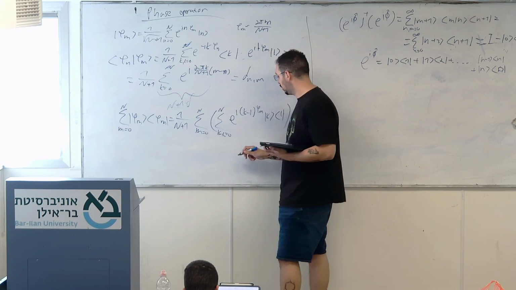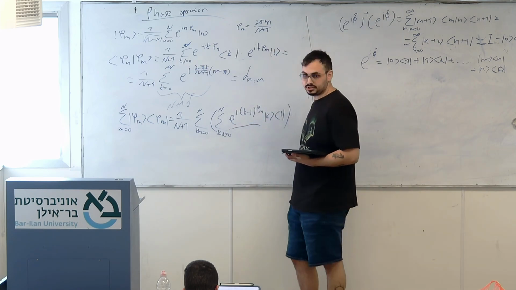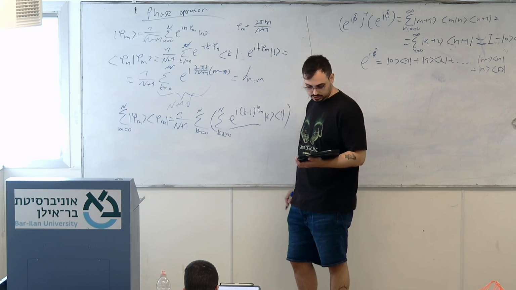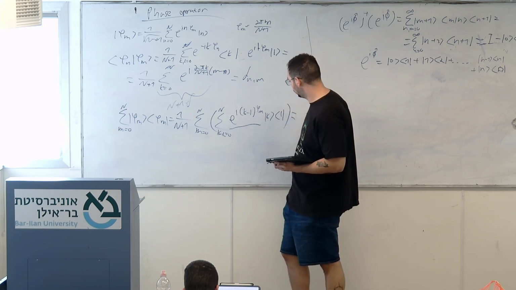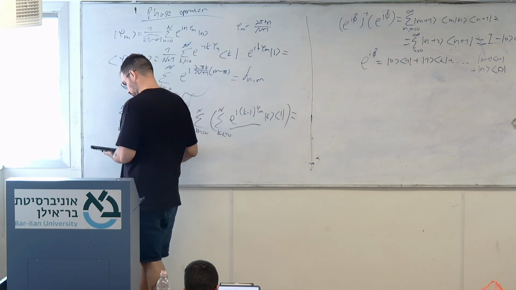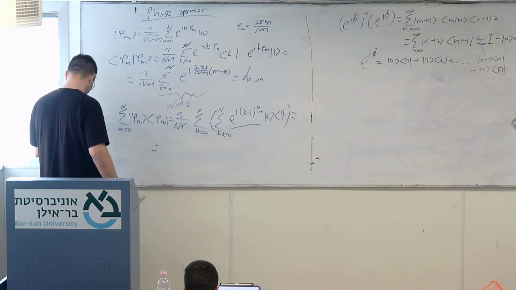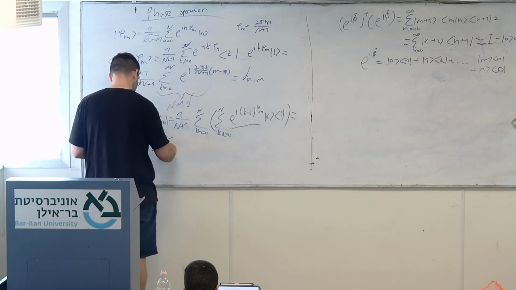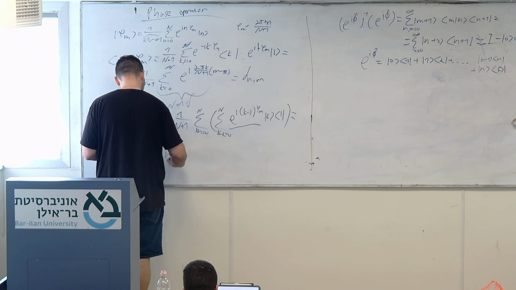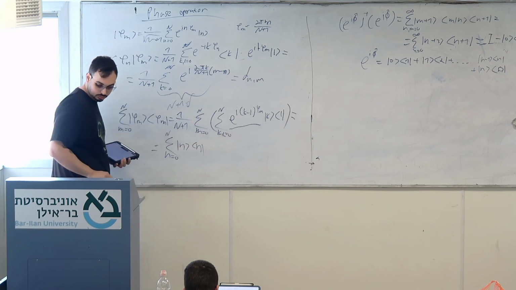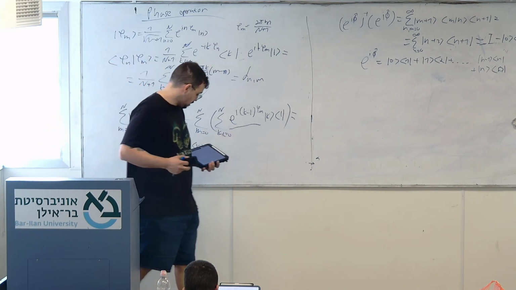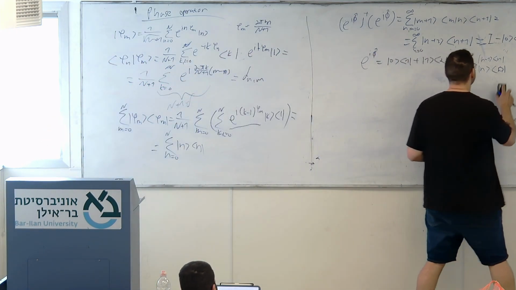Right? Now this part of the sum would give us a delta function. So overall it would be the sum over n of |n><n|. Okay. Questions so far?